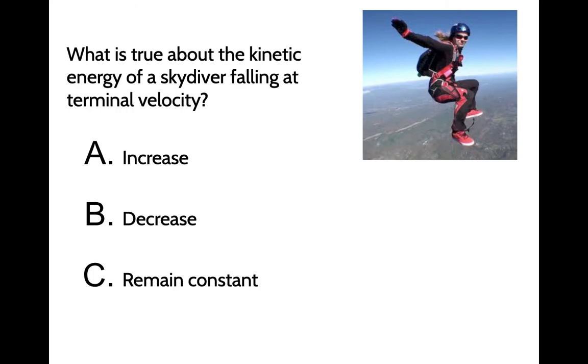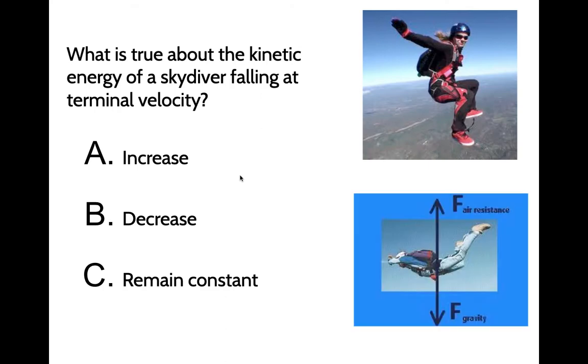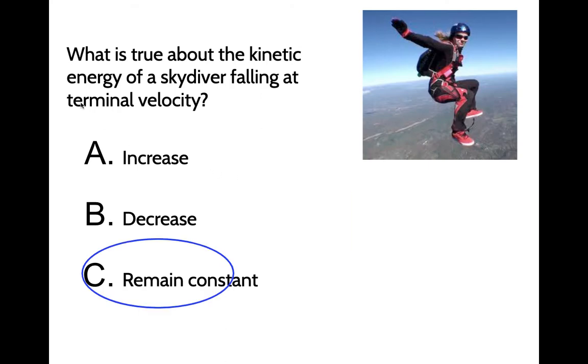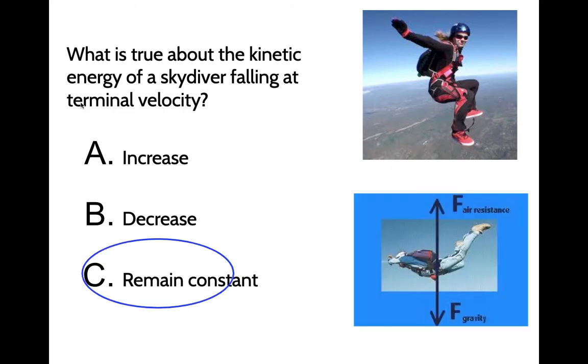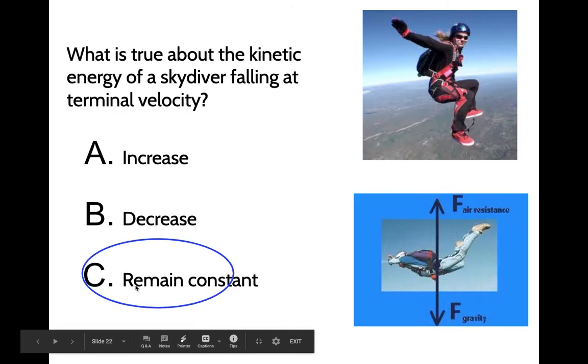What is true about the kinetic energy of a skydiver falling at terminal velocity? Similar question, but now we're talking about kinetic energy. This is one of those funky situations. The kinetic energy actually remains constant.